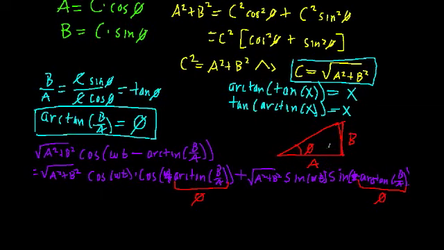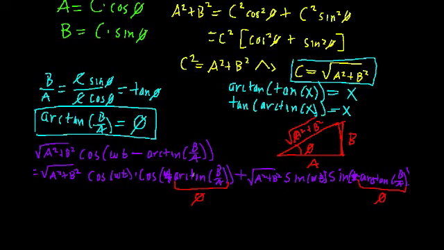We know what two sides are, but we don't know what the hypotenuse is. Let's use Pythagoras' theorem. Essentially, the hypotenuse squared is equal to this side squared plus this side squared, which means that this hypotenuse is equal to the square root of a squared plus b squared. If you've been paying attention, you recognize that this value is actually c. But let's move on.